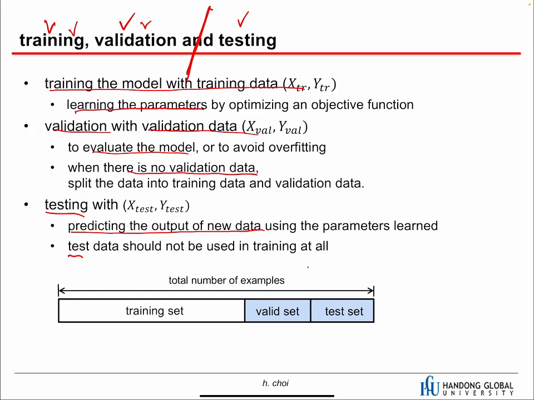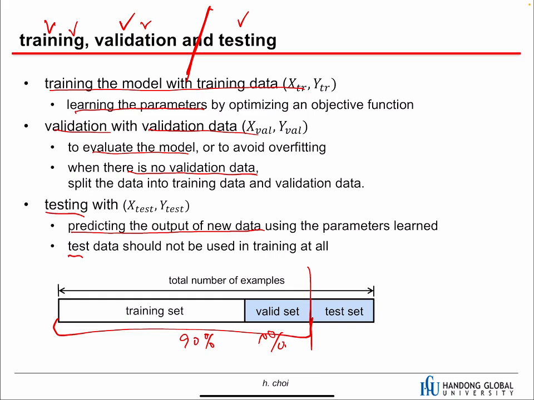And when we don't have validation data, how can we actually split this data? Given this data, we have to split it into training and the validation. It depends on how many samples we have. If we don't have enough samples, then let's say 90% and 10%.